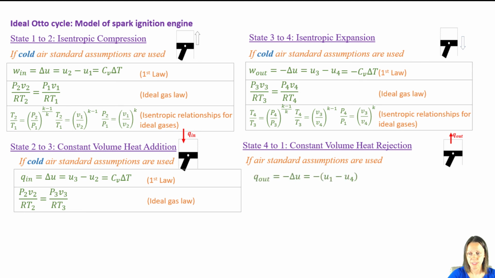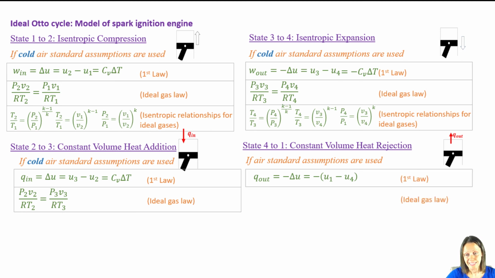And all I've got left is Q out is equal to negative delta U. And delta U is what it is after minus what it is before. And what it is after in this case is state 1, and what it is before is state 4, because you're going from state 4 back to state 1. So my delta U ends up being U1 minus U4, and then the negative would make it U4 minus U1.